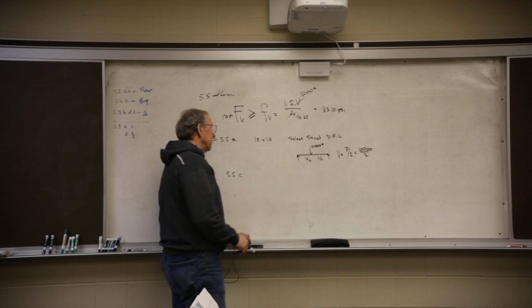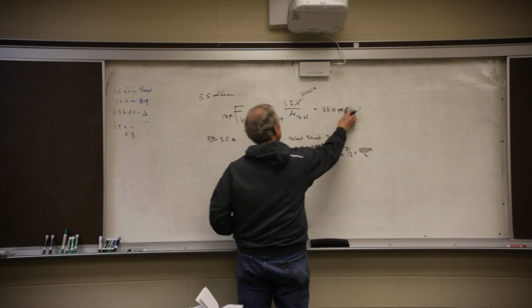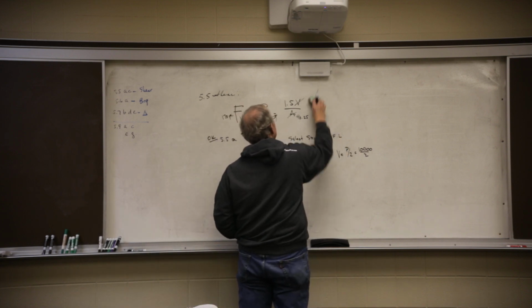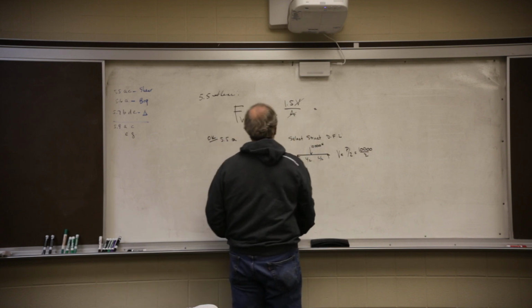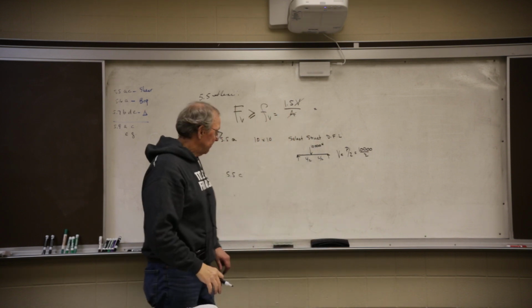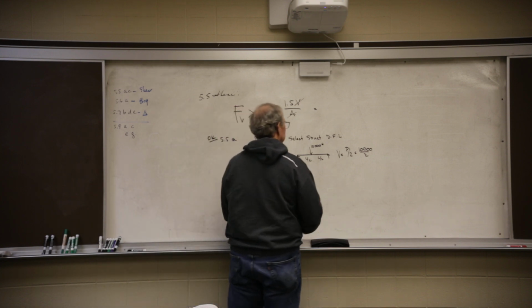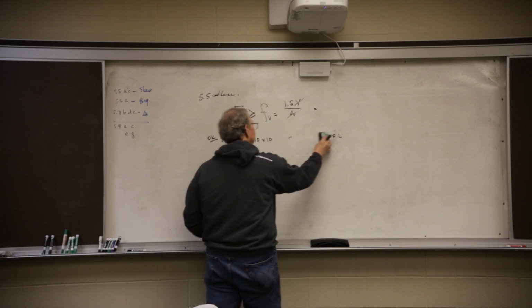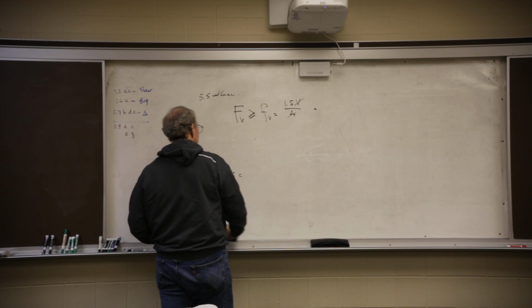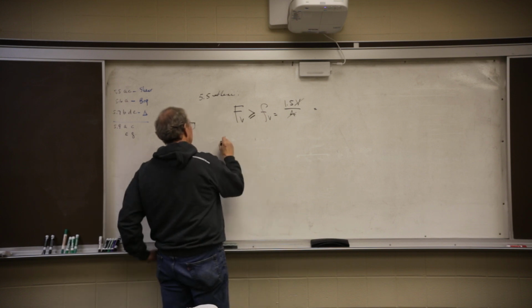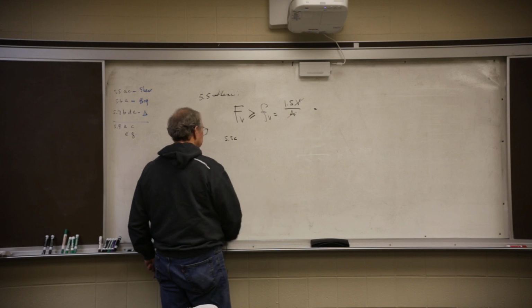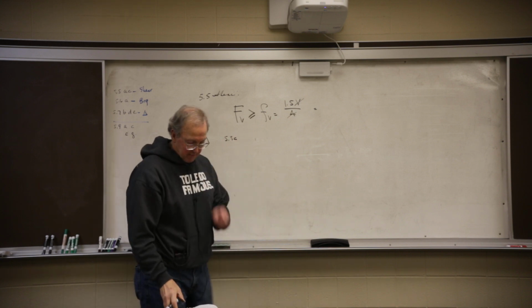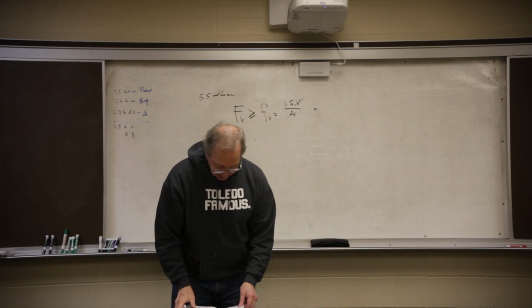Okay, the second one. Get rid of this, this, and this, and this. Second one. And I might as well get rid of this. 5.5C. Okay, let's see what it says.